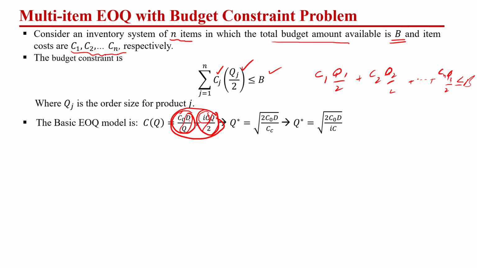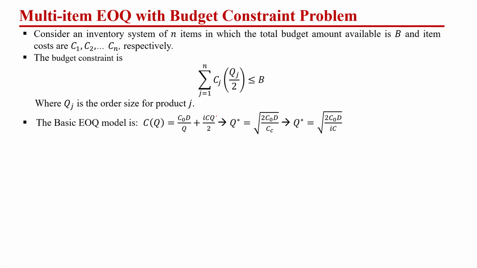We can find this because the total cost is a convex function. What does that mean? We differentiate this function with respect to q and set it equal to 0, and based on that we can find the value of q.